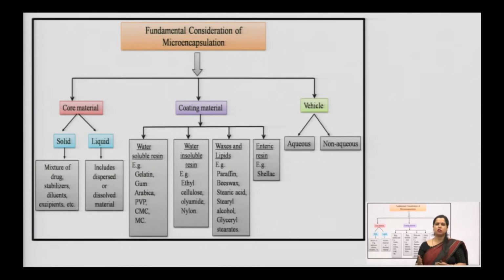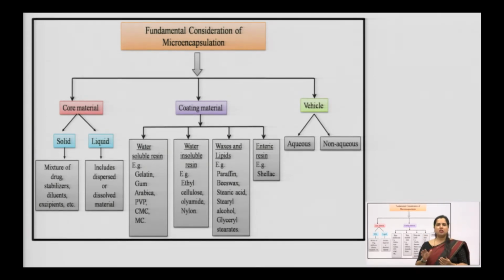All the stearate types we can use for microencapsulation come under waxes and lipid nature polymers. The last category is enteric resins, like shellac. Shellac is a natural polymer which we use specifically for enteric reasons, because the polymer degrades or erodes at enteric pH only.